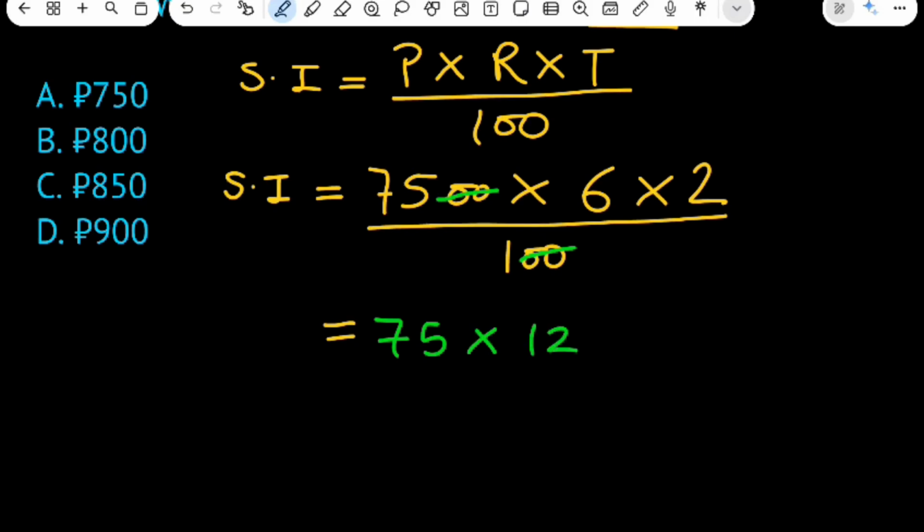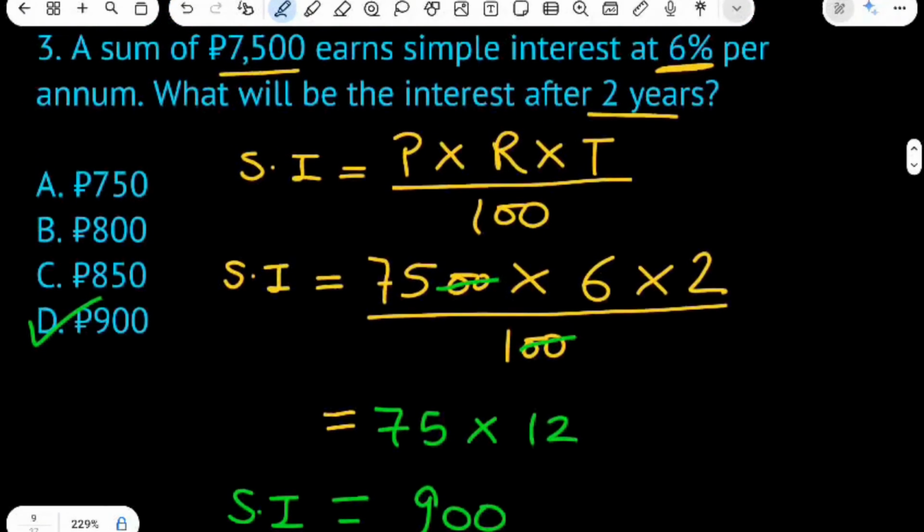Now solving it simply, we will get the response of 900. You can multiply it also, and that will be your final simple interest. So choosing among the options, 900, option D is the correct output. I hope these questions are very similar and you are now getting confidence that we can solve this type of question very easily.